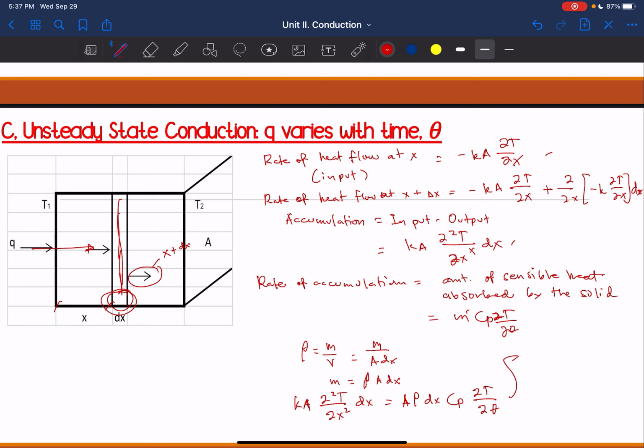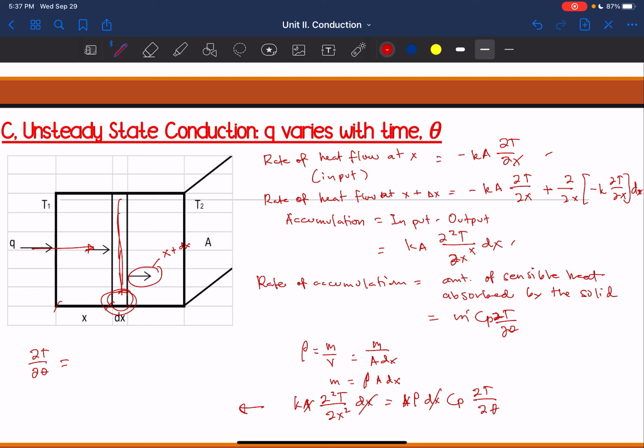Or finally, I would have, let's put it here, partial T over partial theta is equivalent to, so you have cancel out dx dx and then the area.